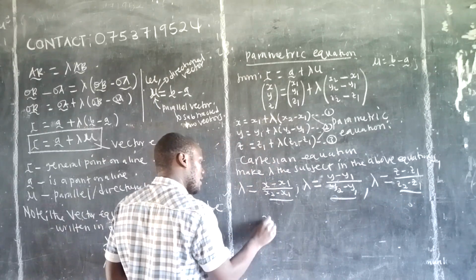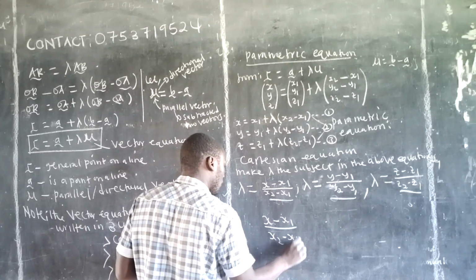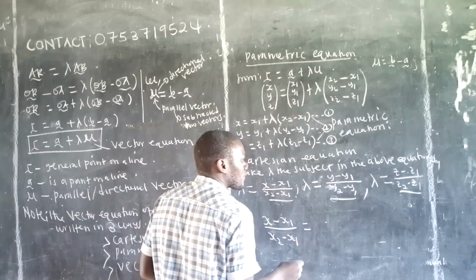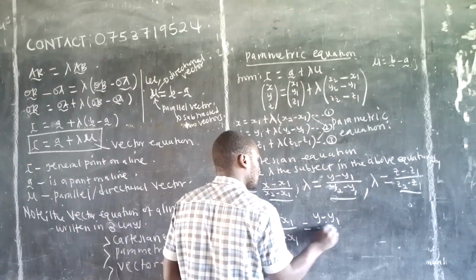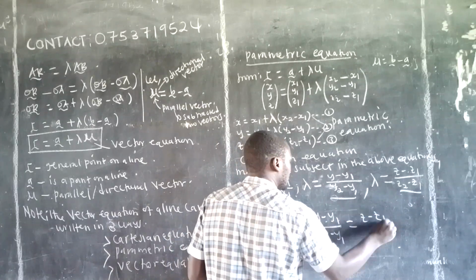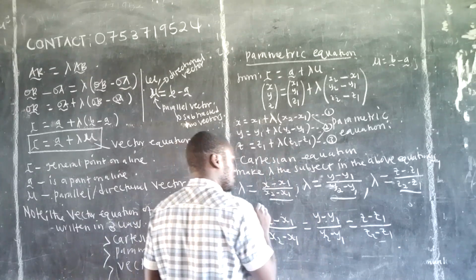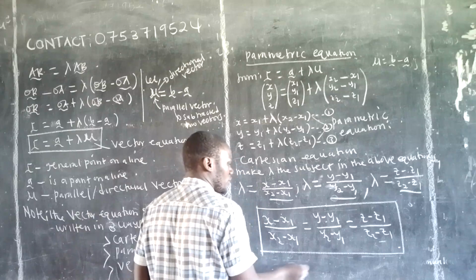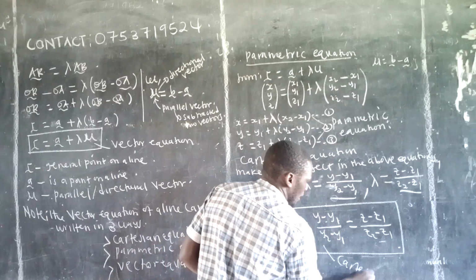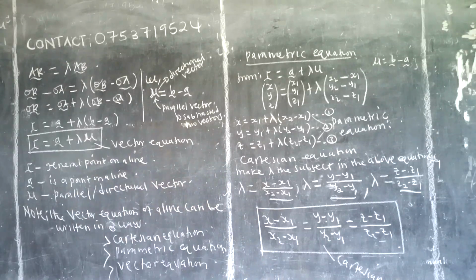So generally you now say x minus x1 over x2 minus x1 is equal to y minus y1 over y2 minus y1, and also equals z minus z1 over z2 minus z1. And now this one here is a Cartesian equation of a line. Okay, let's still move on.